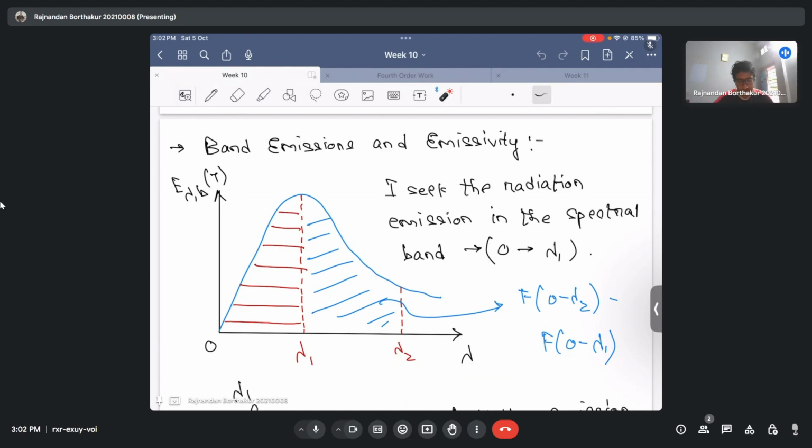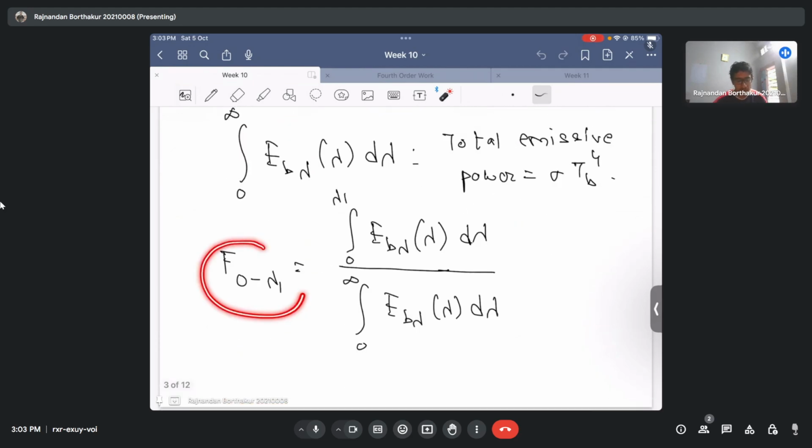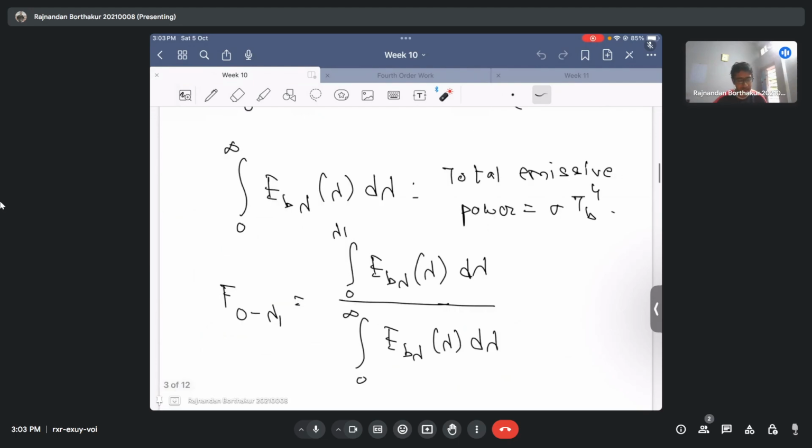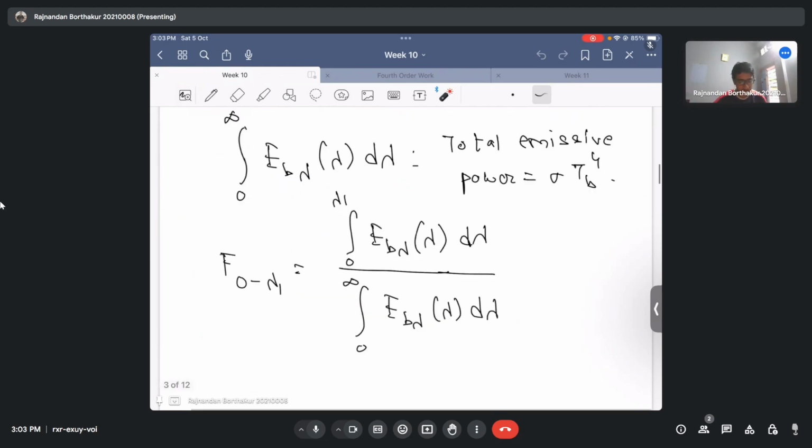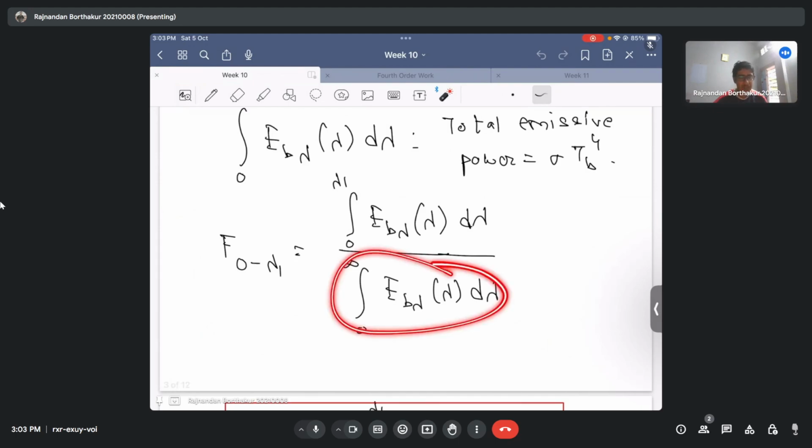We plot the spectral emissive power with respect to the wavelength, and if we want to quantify how much radiation is between a certain wavelength, corresponding to the entire emission through the entire band of wavelength from 0 to infinity, we quantified that using a fraction known as f0 to lambda, whose definition is the area of this graph corresponding to the particular wavelength with respect to the entire band of wavelength that this spectral emissive power encompasses.